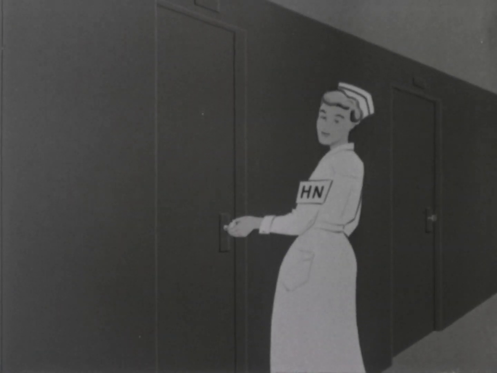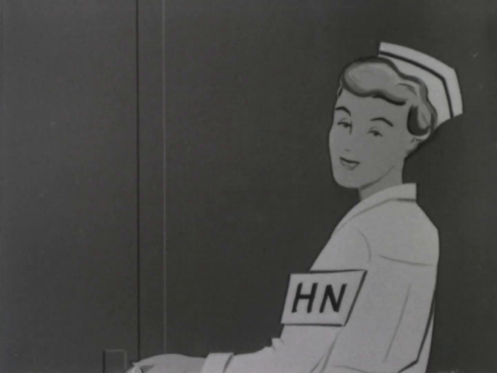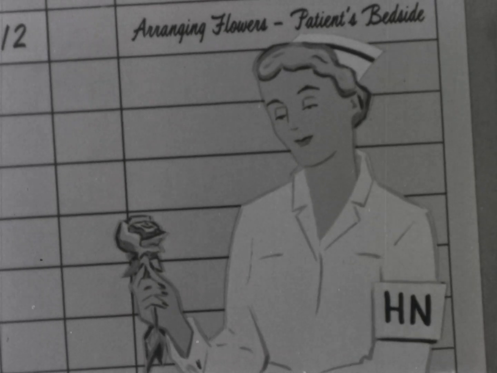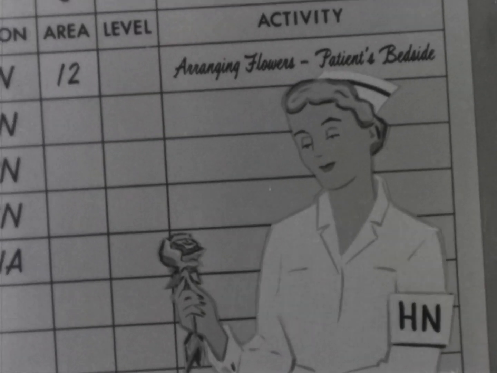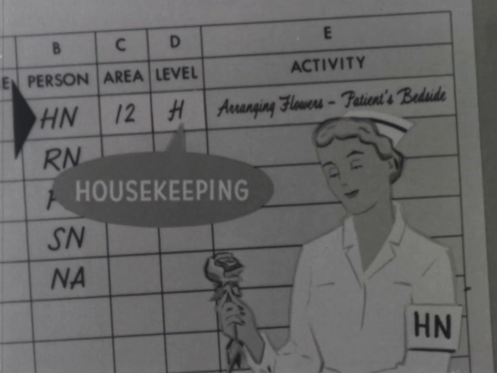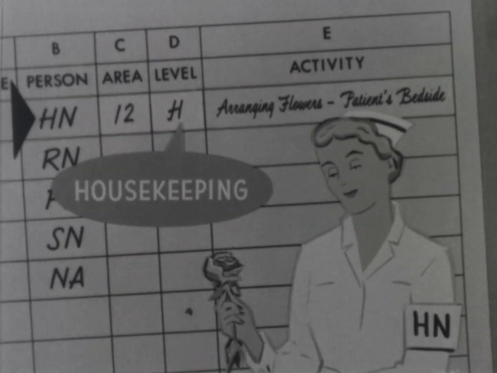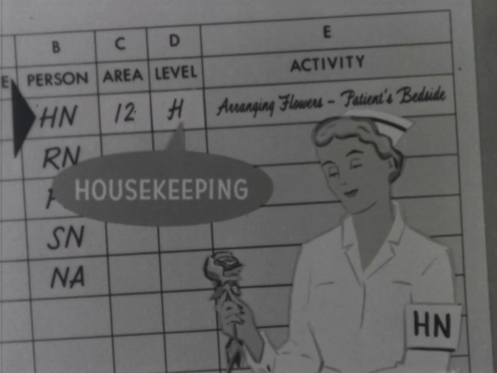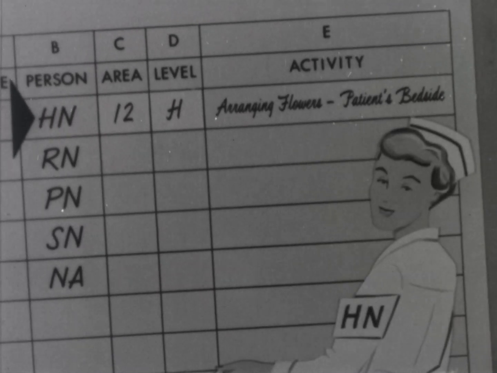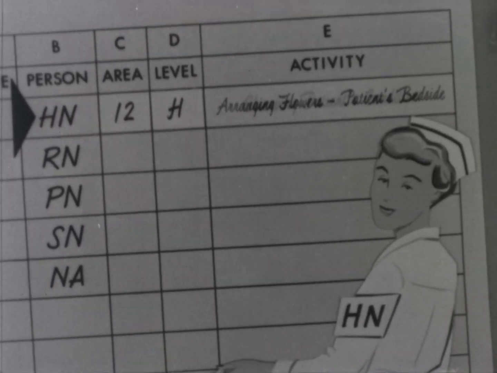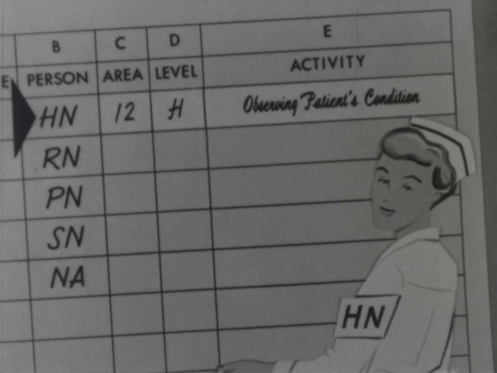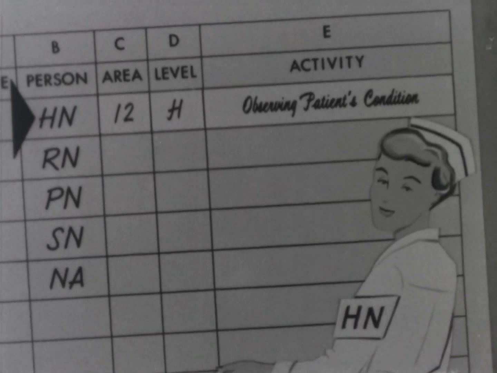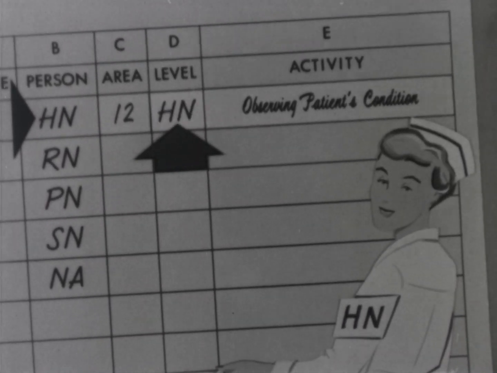As she leaves the patient's room, the observer questions her. "I hate to see flowers just stuck in a vase." In this instance, the activity is housekeeping, even though it was performed by a head nurse. Had she replied, "I wanted to see how the patient was doing," the intention would have been entirely different. The level then would be HN.